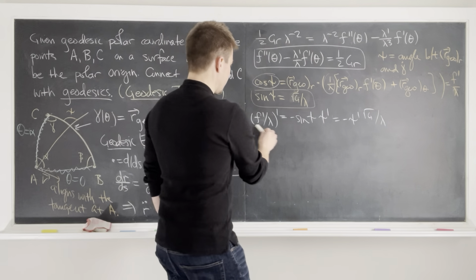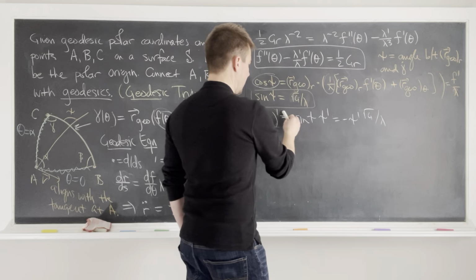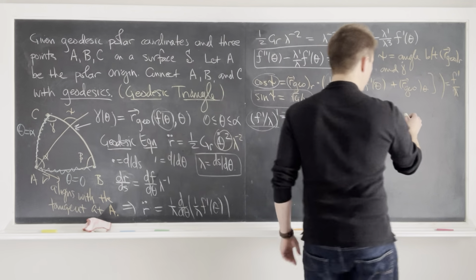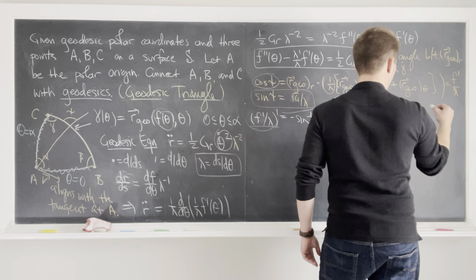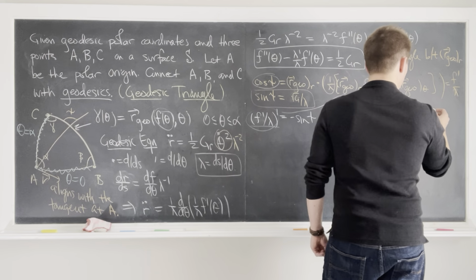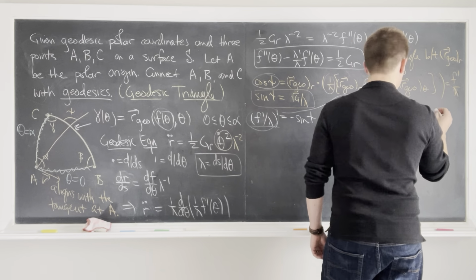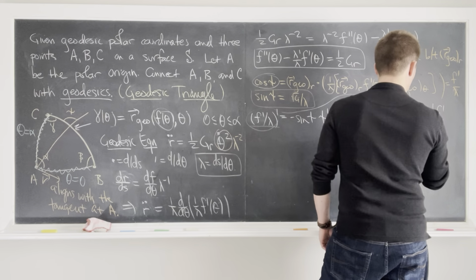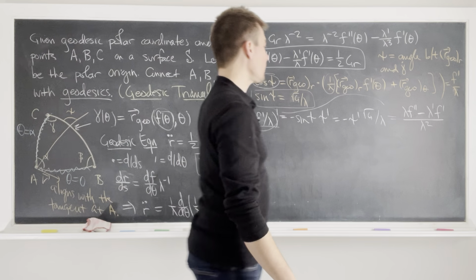Now, if I take this over here and expand it out, what does it become? This expression becomes lambda f double prime minus what? Minus lambda prime f prime over what? Over lambda squared. Beautiful.